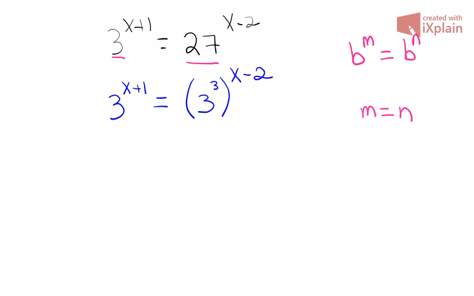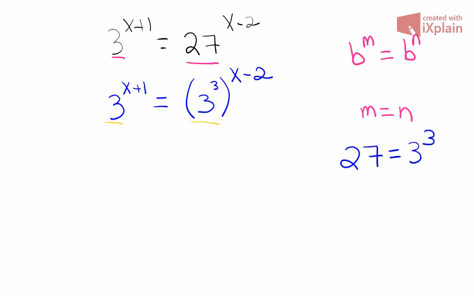So notice that all I did was I replaced 27 with 3 cubed. And I can do that because 27 equals 3 cubed. You can't just replace 27 with any number. Like I can't just put 3 there. The goal is not necessarily to have the exact same number here and here. It's just to have the same base.